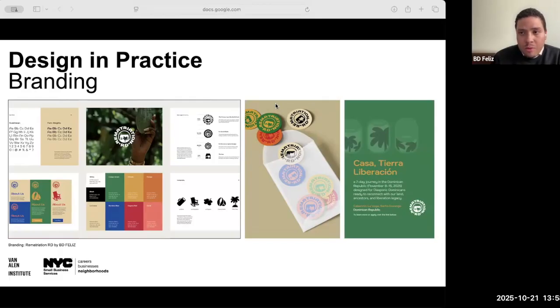We collaborated with them on branding and developing guidelines, as you can see on the left there, that first image. Really, because they needed a culturally relevant and welcoming way to present their brand, their organization, the work that they do, which is very important.